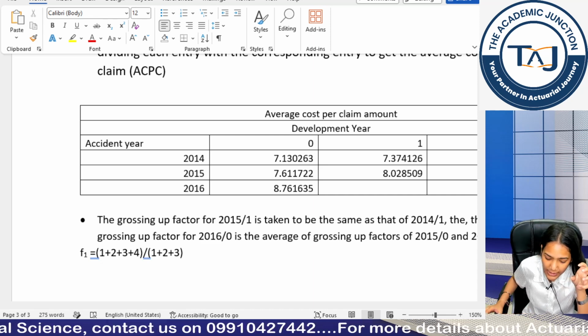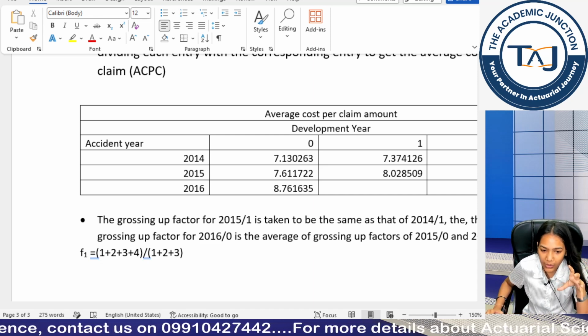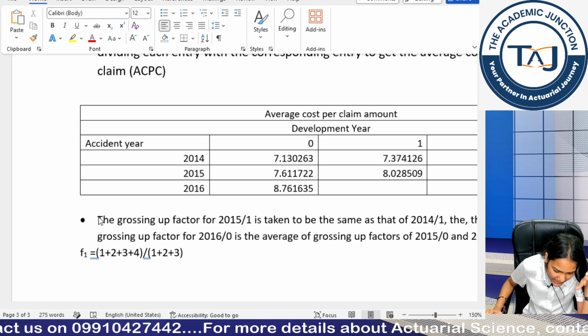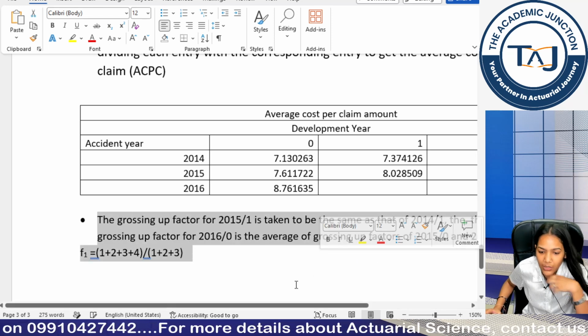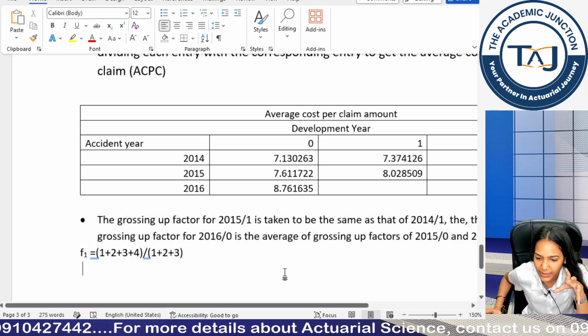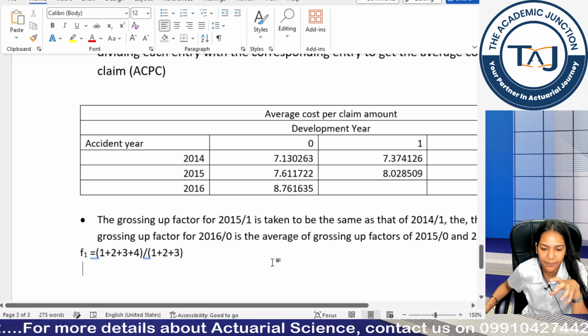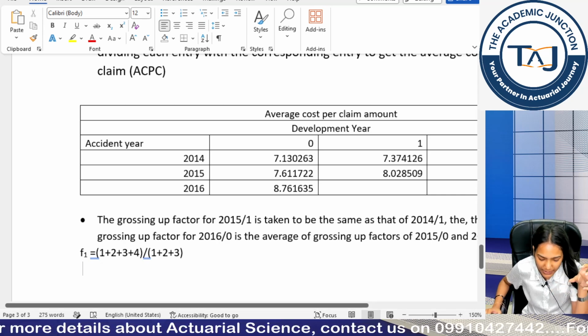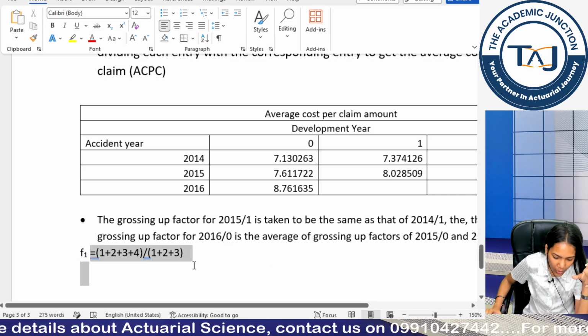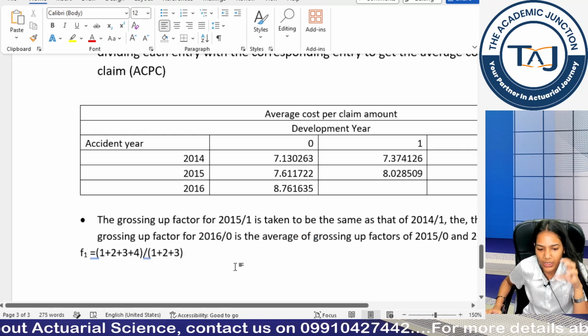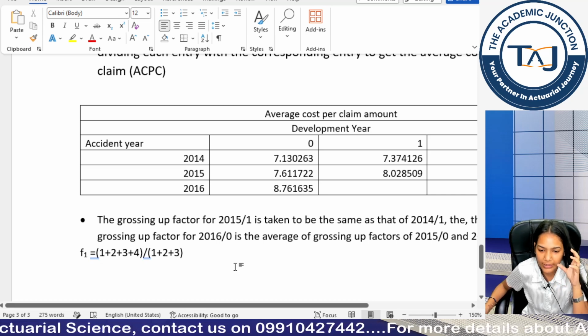Now look, I had to calculate a lot of grossing up factors, okay, but if I have written this statement, they will understand that I know the process of writing up the grossing up factors. That's what is actually required of you in the exam. Clear? Similarly, if you are showing F1, F2, F0, they will know you know the development factors.